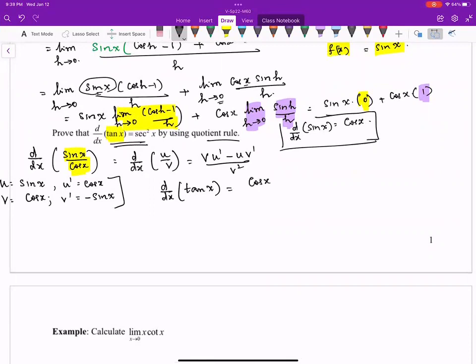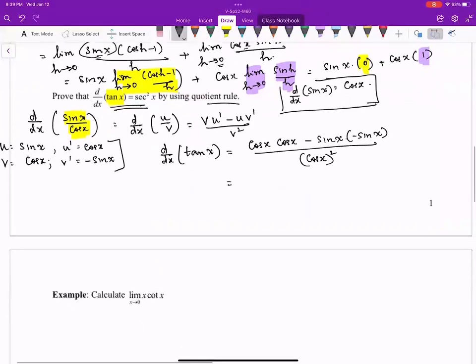Cosine x. What is u prime? Also cosine x. Minus u. What is u? Sin x. What is v prime? That is negative sin x. Divided by what is v square in the denominator? V square is cosine x the whole square.